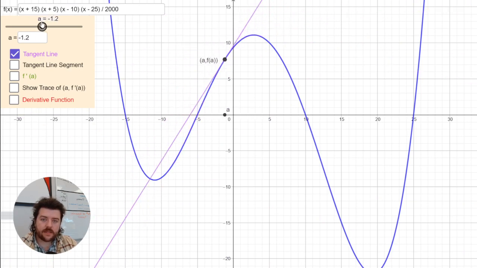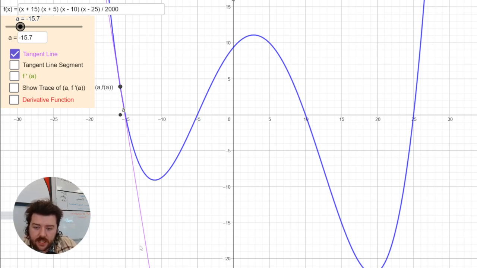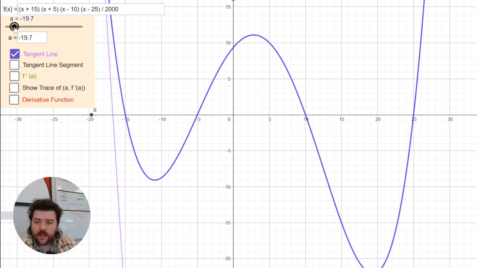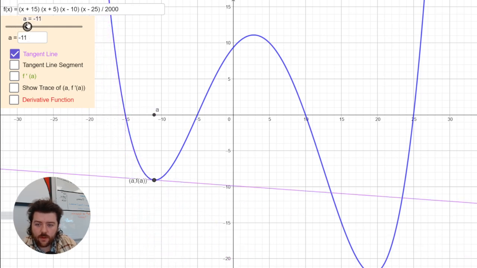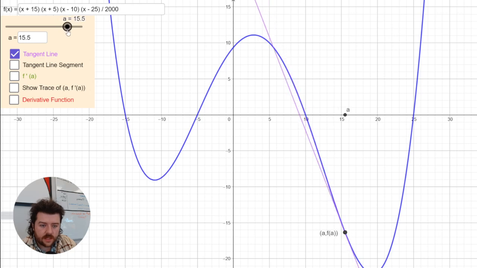So how can we use this to determine where a function is increasing and decreasing? If you see here, my tangent line is pointing downwards, that means its slope is negative. So my function is decreasing, then increasing, then decreasing again.